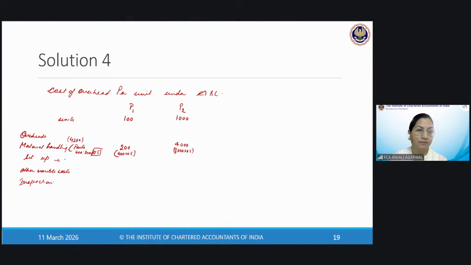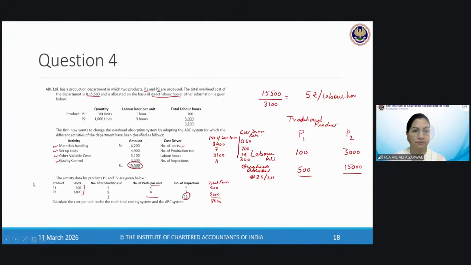Setup basis is production run. Total cost of production run was 4,900, or setup cost was 4,900. Production run was done 7 times, 2 and 5 for P1 and P2. Rate is 700.